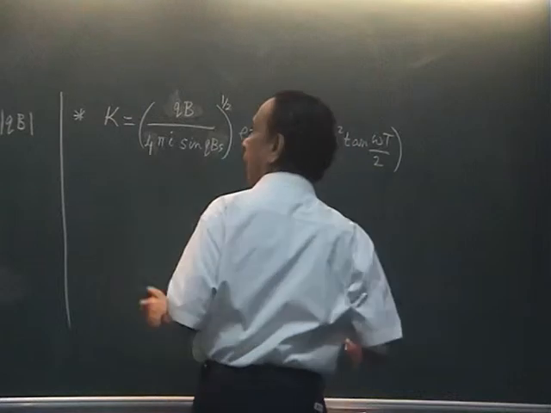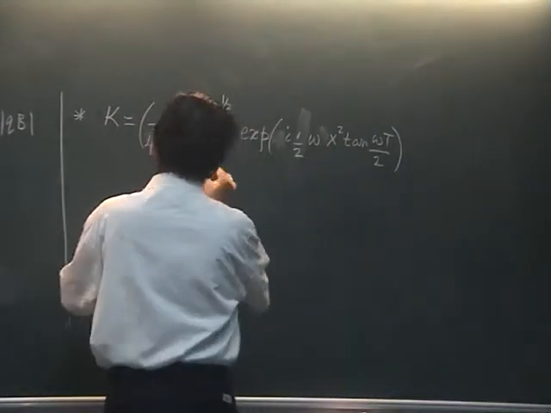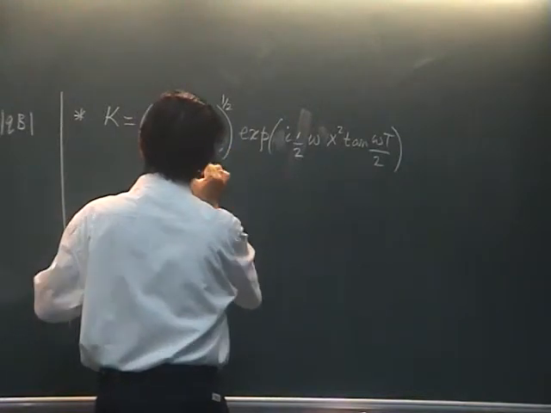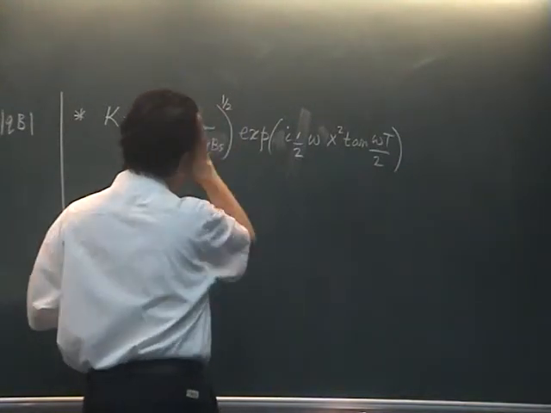Oh, this is wrong. Omega was 2 QB, so it is sine 2 QB s, and this is 2 QB.